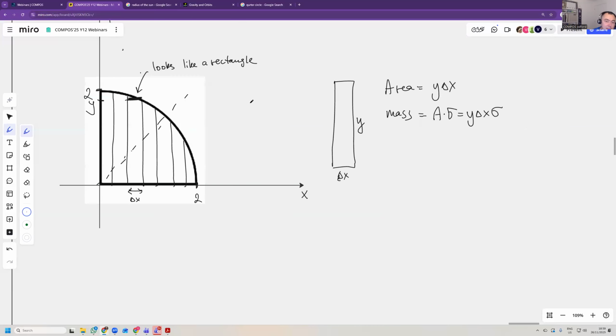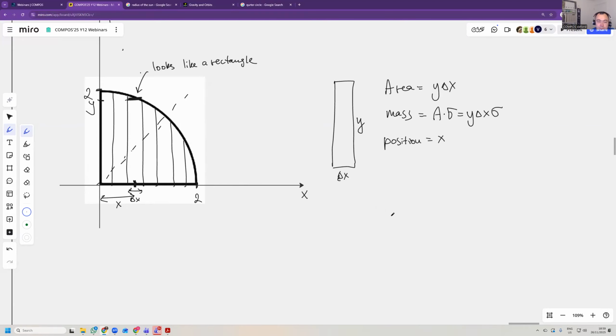The center of mass of each rectangle is of course x. X is how far the rectangle is from the center.